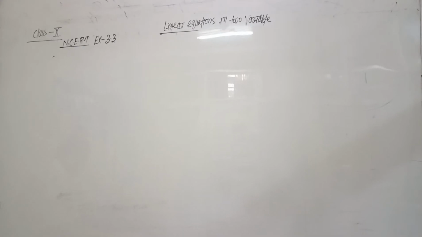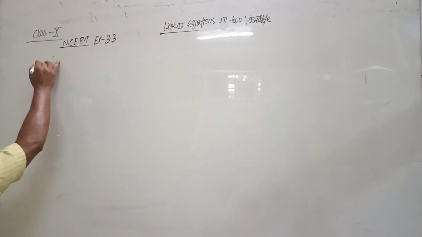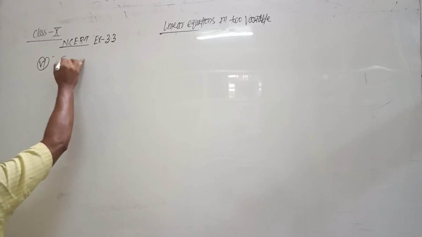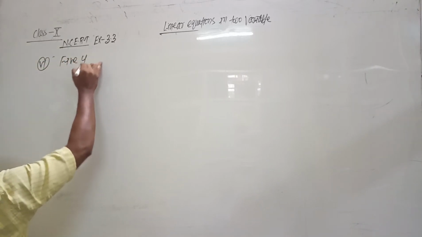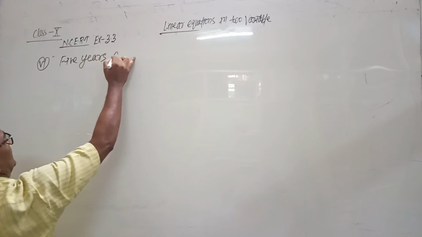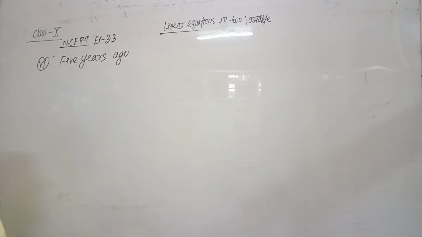Question number 6. Five years ago, the age of Jacob was 3 times that of his son.